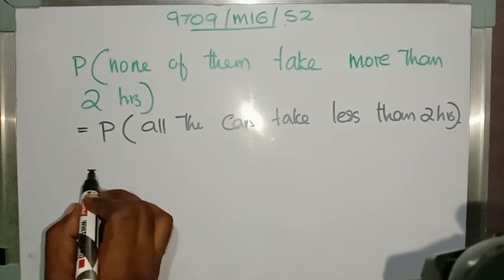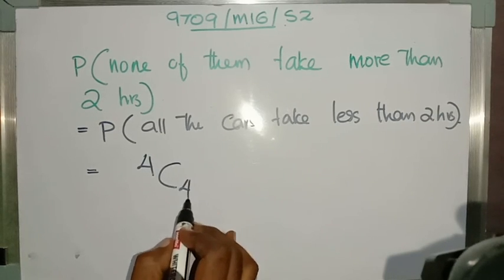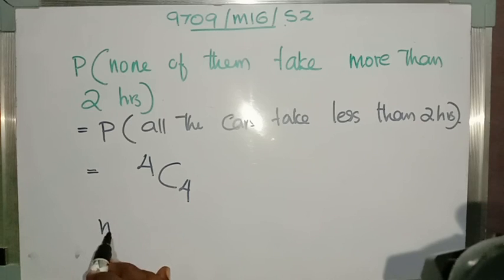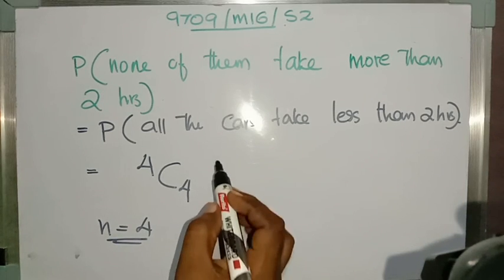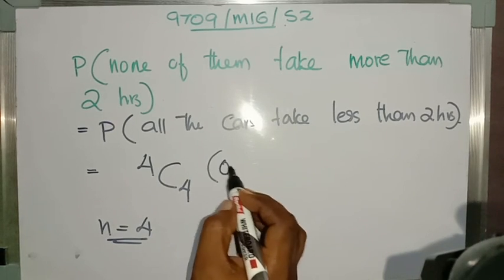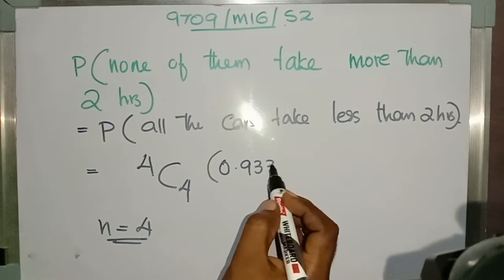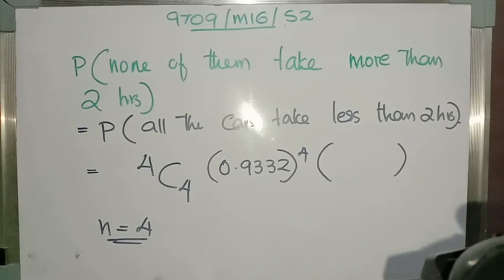Yes, that can be calculated using 4C4, because we have totally 4 cars and all the 4 take less than 2 hours with a success probability of 0.9332, which we calculated in the previous part, raised to 4, into 1 minus p.